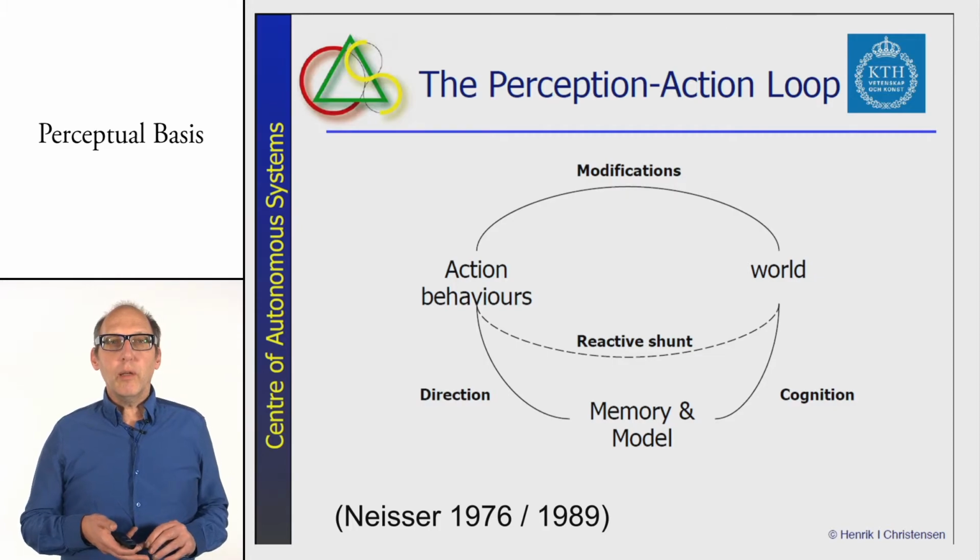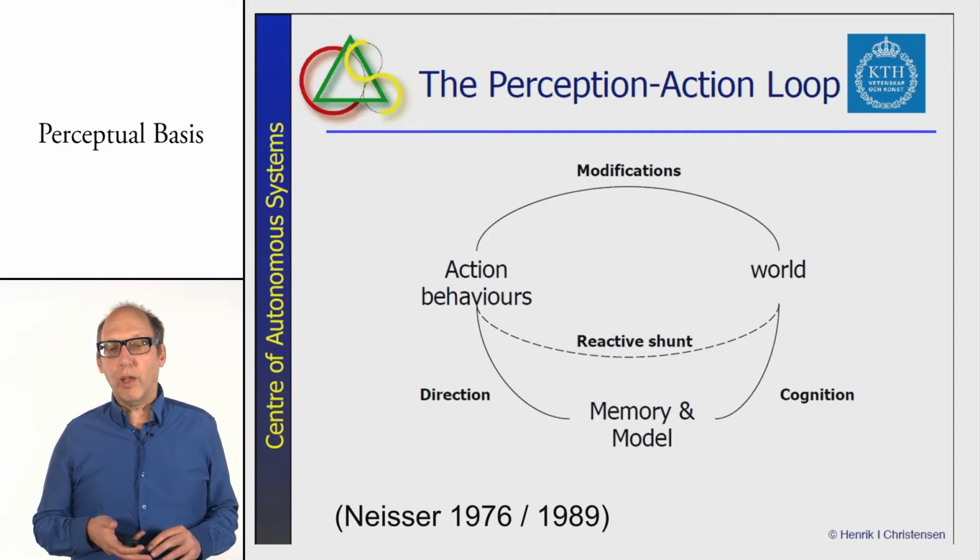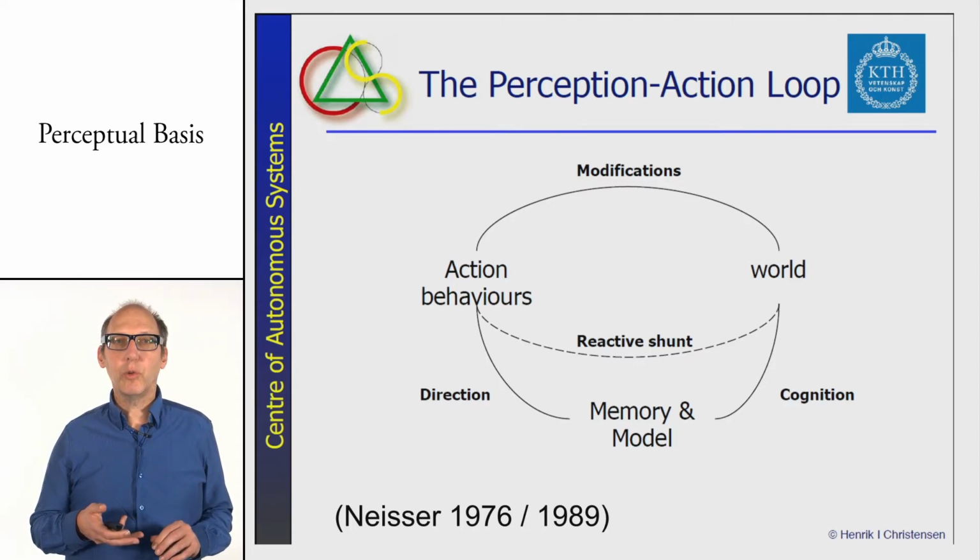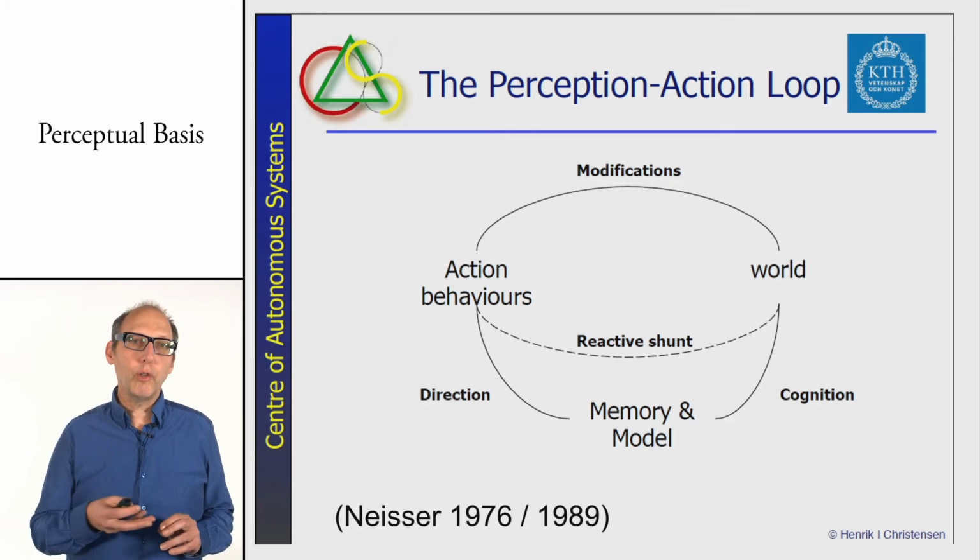Wiener worked in cybernetics on the perception-action loop. What he thought is that it was not a single feedback loop, but multiple feedback loops, and that the behaviors, the actions, were directly coupled with a reactive shunt to the world.